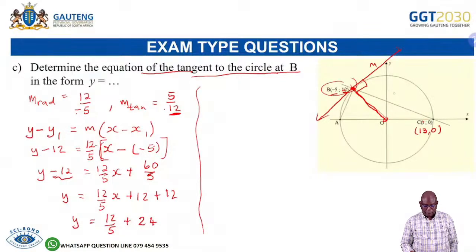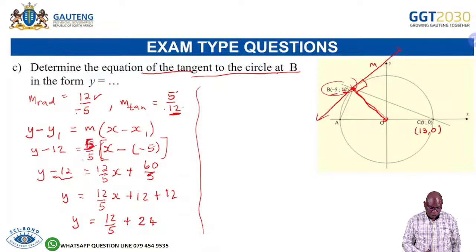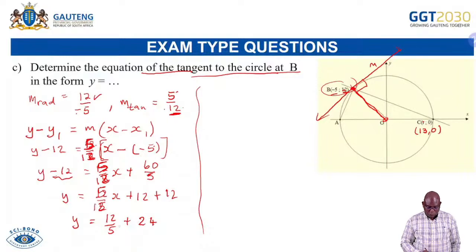Well, let's check it again. I'll have 12 over negative 5, and the perpendicular gradient will be 5 over 12, which is positive in this case. So my gradient there should be 5 over 12. Sorry about that. So this one will be 5 over 12. Let me do it again.